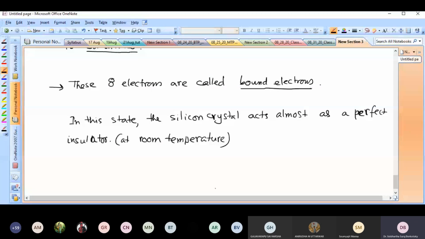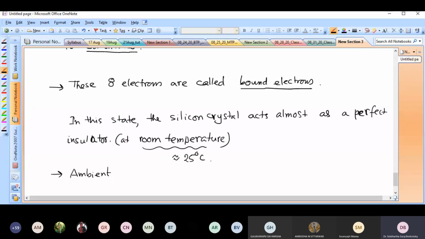Now, in addition to room temperature, let's define another word called ambient temperature. So what is room temperature? Room temperature is approximately 25 degrees Celsius.